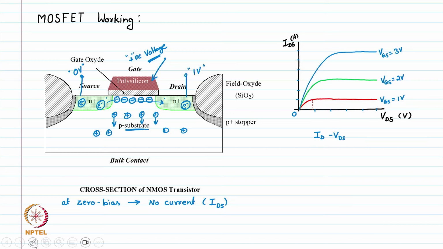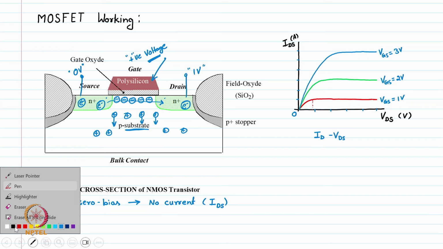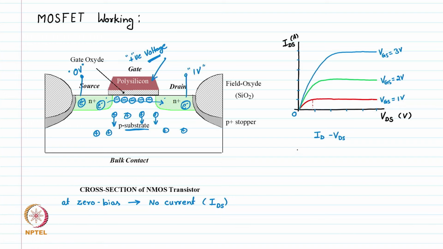Similarly, we can draw the ID VG characteristic. The y axis is the same current, but now on the x axis we have the gate to source voltage in volts.